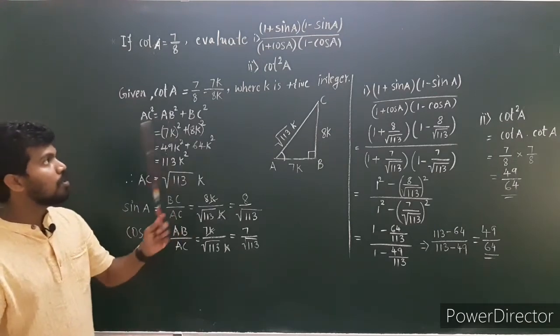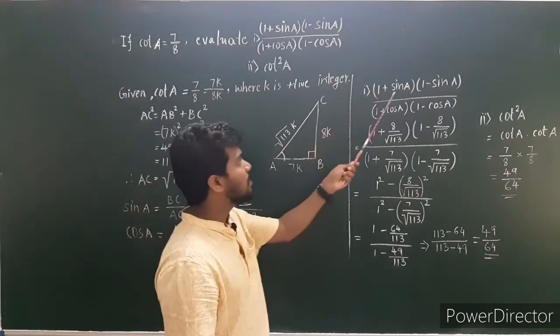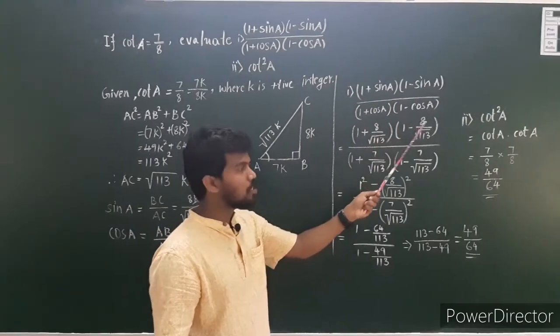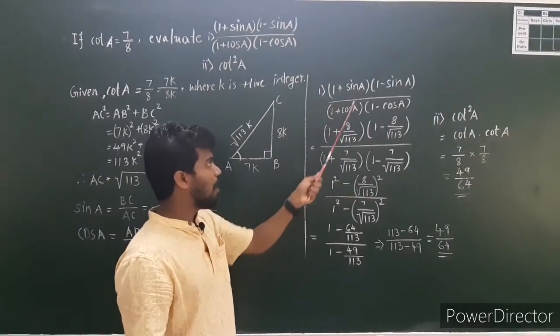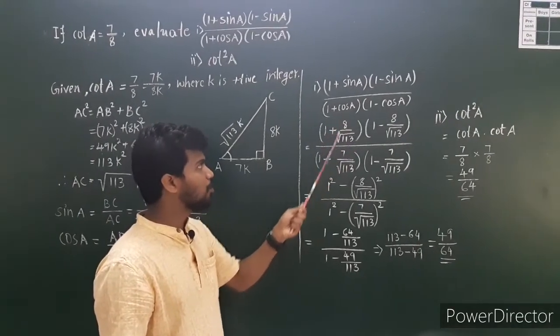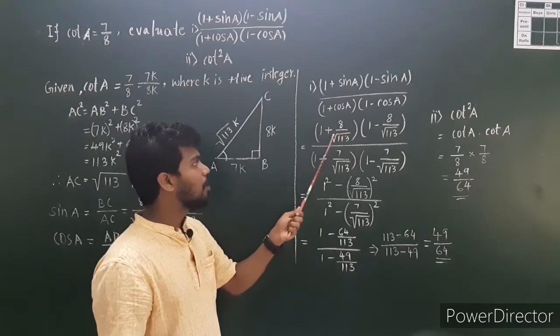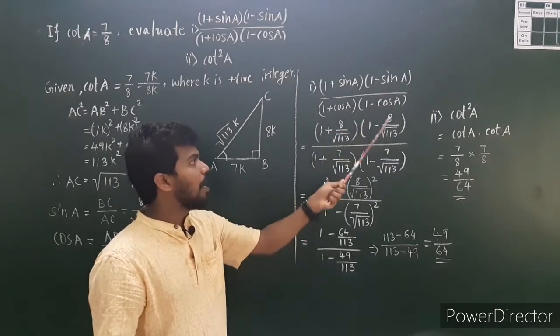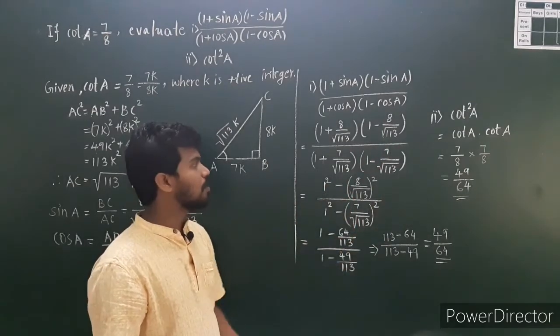Now you substitute in 1 plus sin A into 1 minus sin A, 1 plus cos A into 1 minus cos A. So sin A value is 8 by root 113, substitute here: 1 plus 8 by root 113 into 1 minus 8 by root 113.